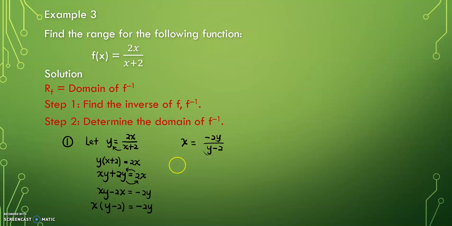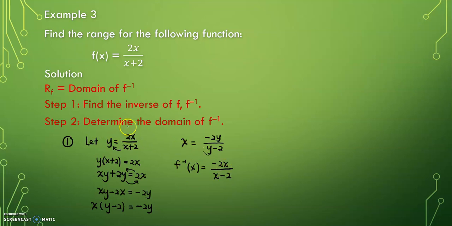So next, my f inverse will be equal to, I change y back to x, negative 2x over x minus 2. So this is the first step. Find the inverse of f. So f inverse, and this will be our first step.